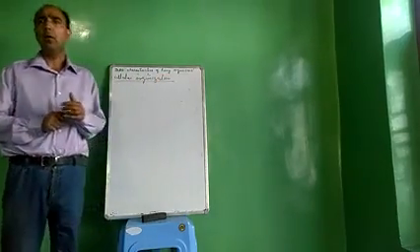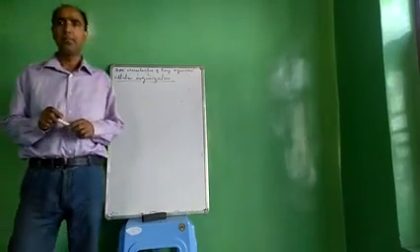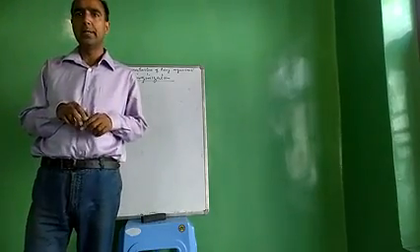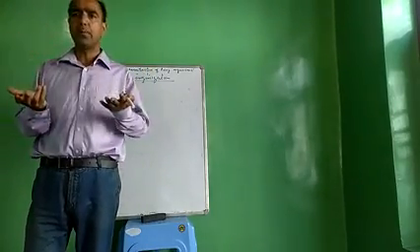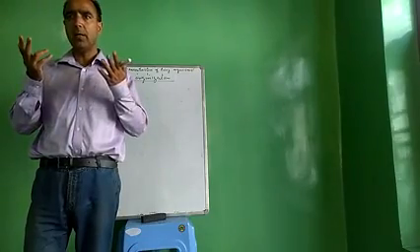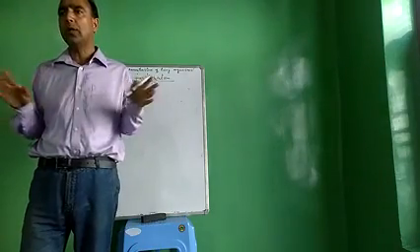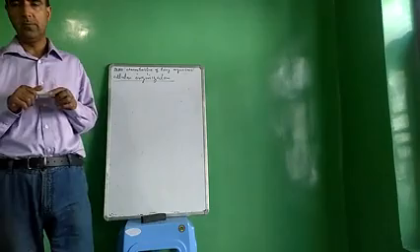You know that all the living things are made up of cells. All living organisms are made up of cells. Cells perform all the functions in the organism. Non-living things do not have cellular organization.